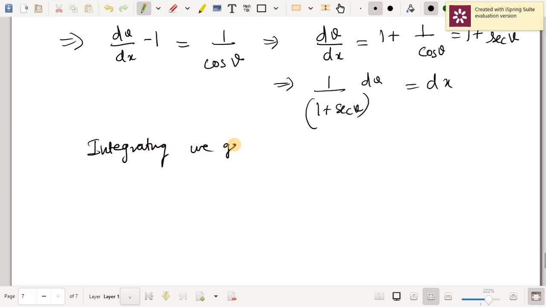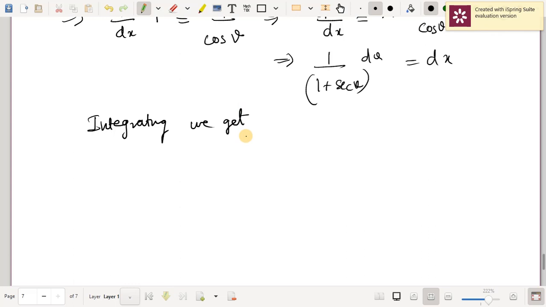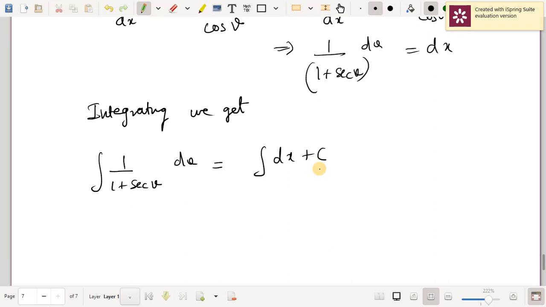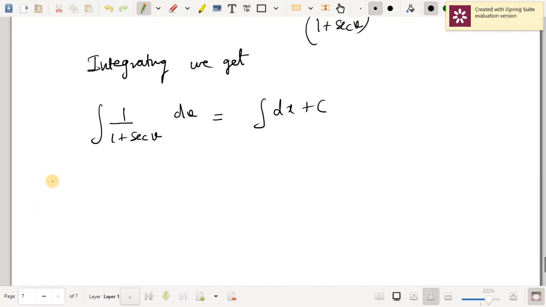we get the integral of 1 by 1 plus sec of v dv is equal to the integral of dx plus the constant c. Now there are different ways to solve this. I can write this as 1 plus 1 by cos v. So inside the integral it becomes cos v upon cos v plus 1, by multiplying and dividing throughout by cos v.